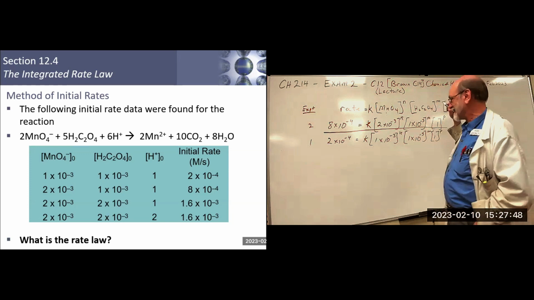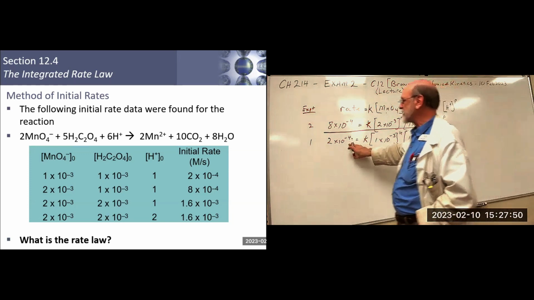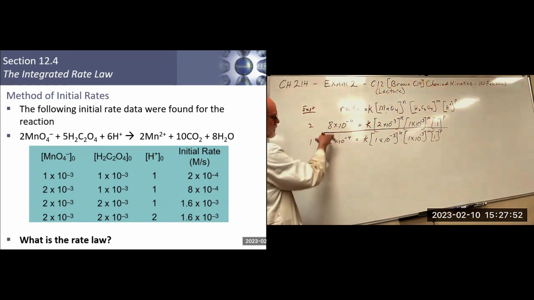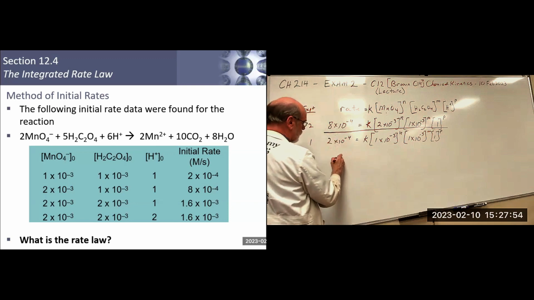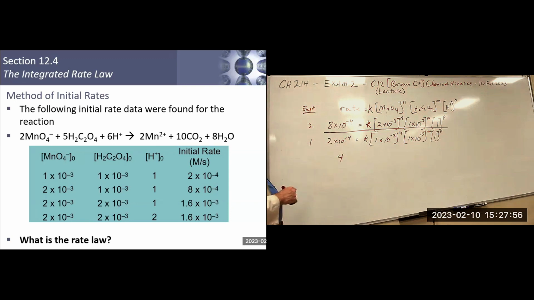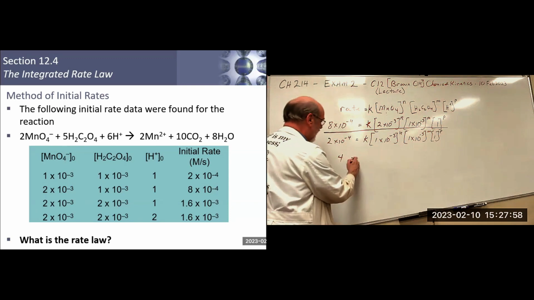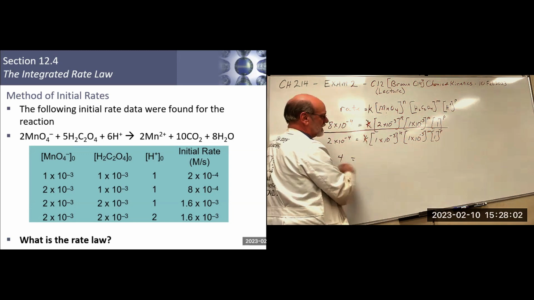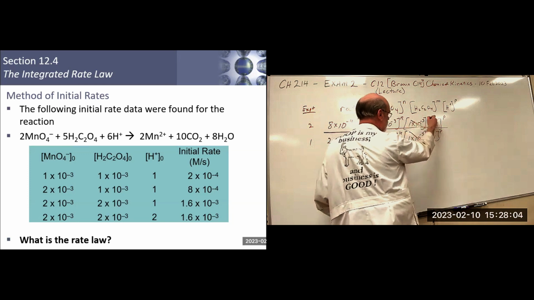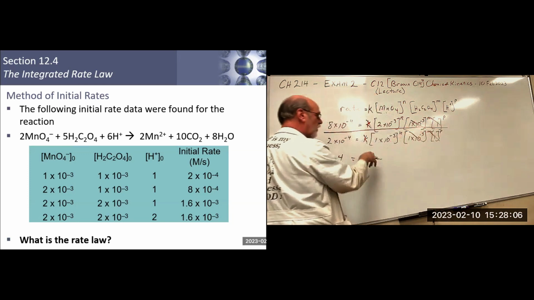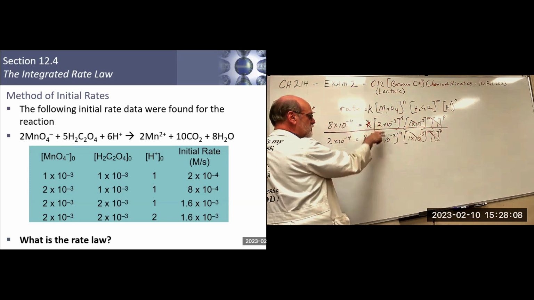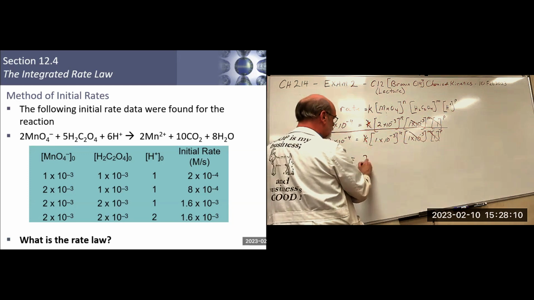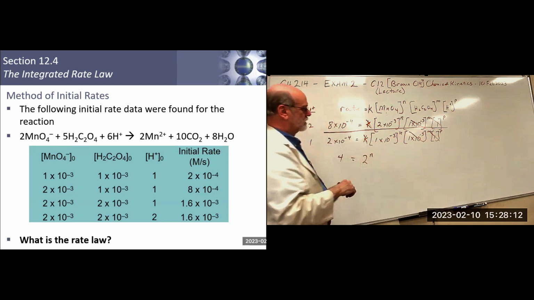So what does that give us on this side? Well, it's actually 2 divided into 8, which is 4. And the k here is the same k as there, it's gone. This one's the same as that one, it's gone. That one's the same as that one, that one's gone. So what we're left with is 2 divided by 1, or 2 to the n power.